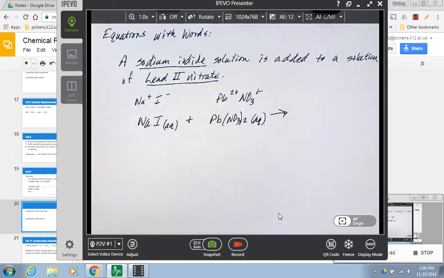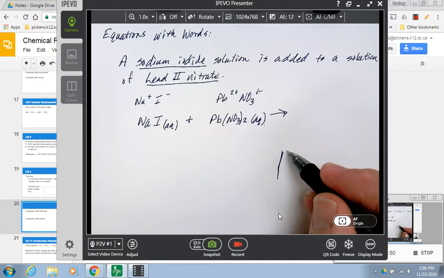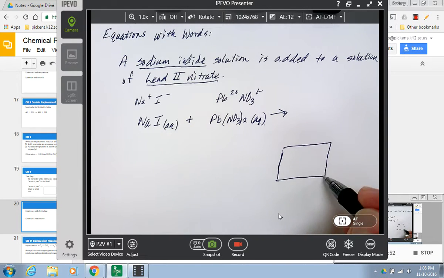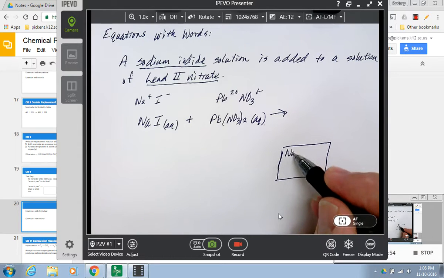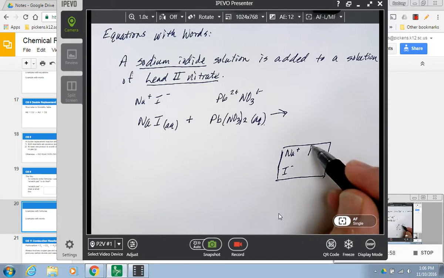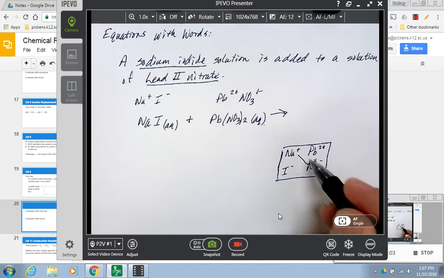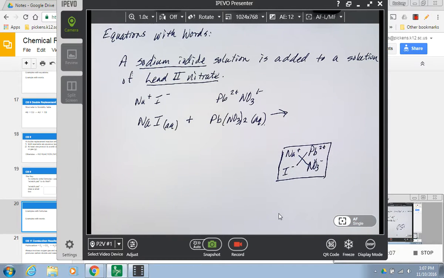All right, so now we've got it into a formula equation. Now we do our little scratch pad, just like in the previous examples, and break them up. We have sodium +1, iodide 1 negative, lead 2 plus, and nitrate 1 negative. The sodium switches places and goes with the nitrate, and the lead 2 goes with the iodine.